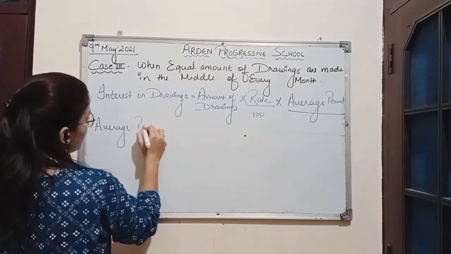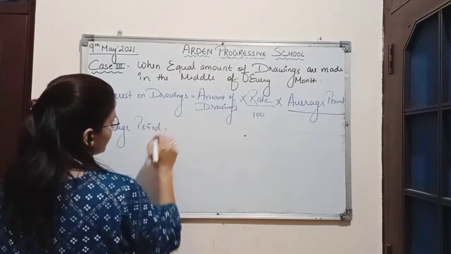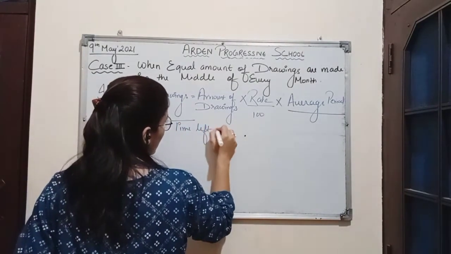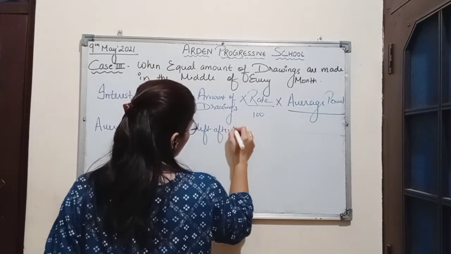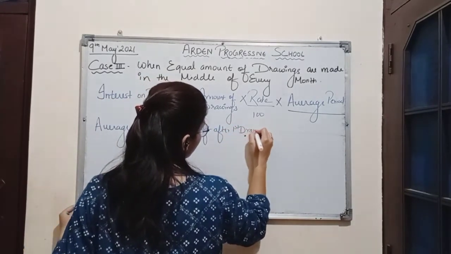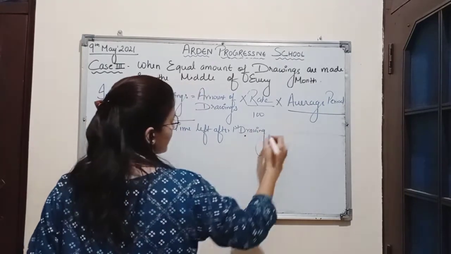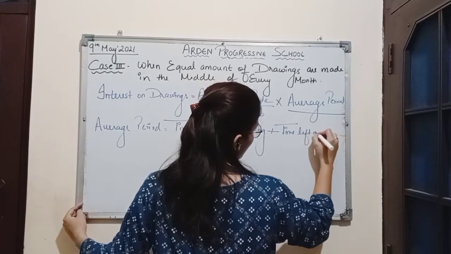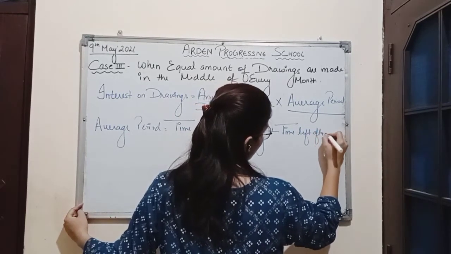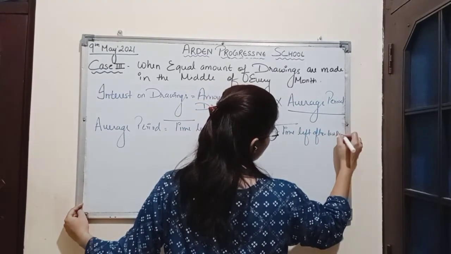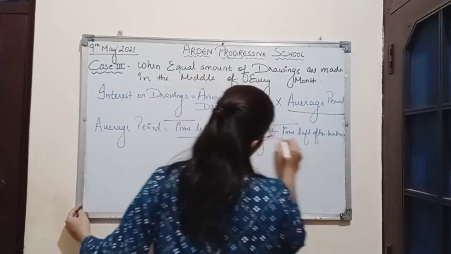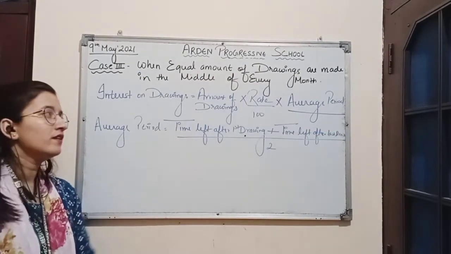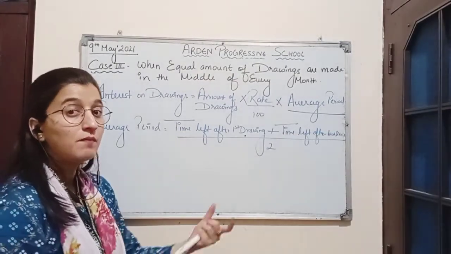So average period can be calculated as time left after first drawing plus time left after last drawings divided by 2.